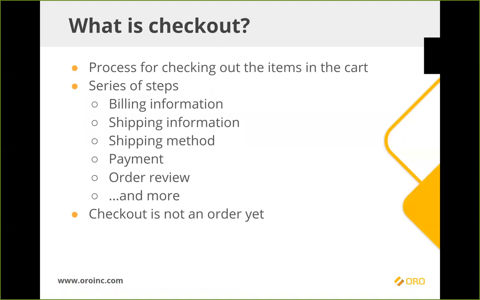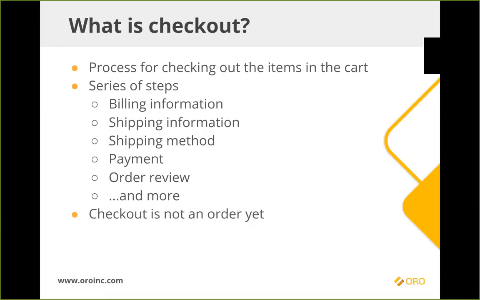During this process, the customer has to go through a series of steps, which include billing information, where the customer specifies his billing address, shipping information, where the customer specifies his shipping address, shipping methods, where the customer specifies how he wants the products to be delivered to him, and payment method, meaning how the customer will pay for it. And we have the order review step. Basically, these 5 steps complete the standard checkout, but there may be more. Today we're going to check all these entities.